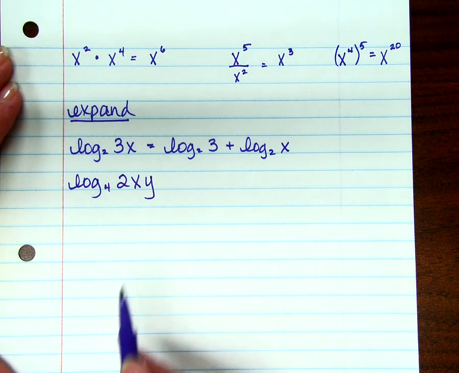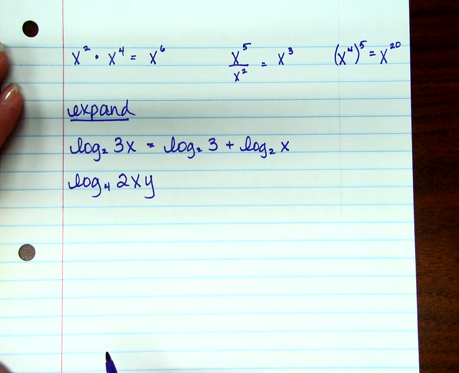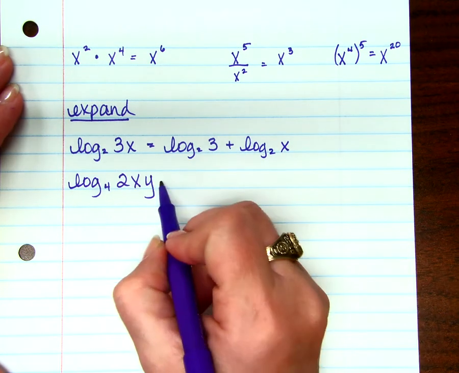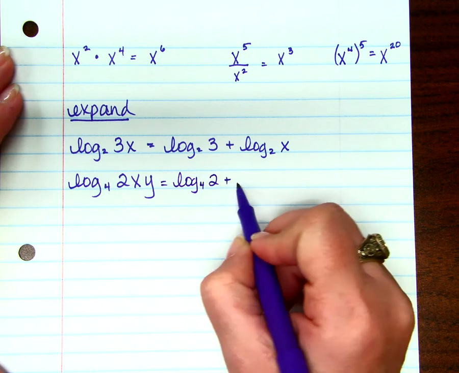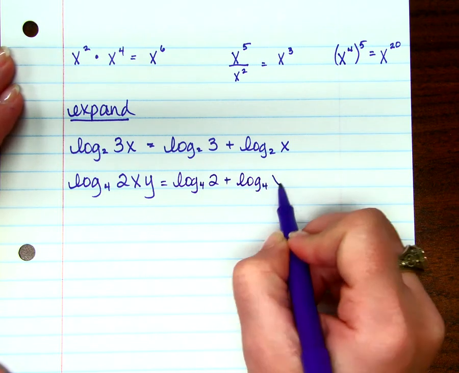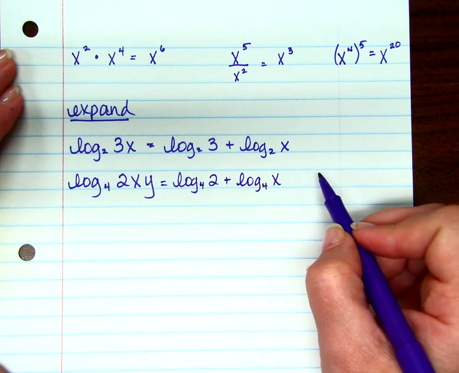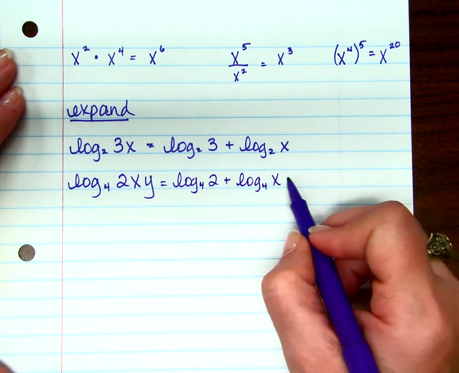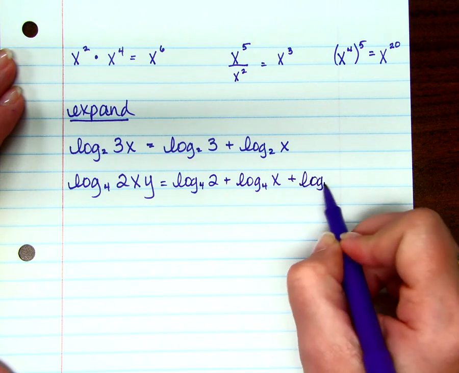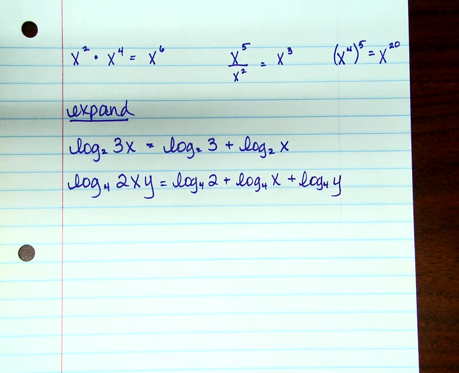How many times should I have log written on this answer? 3. Why 3? There's 3 parts, right? So log base 4 of 2 plus log base 4 of x plus log base 4 of y. Done.